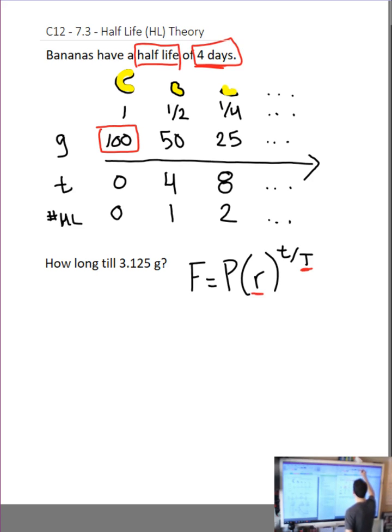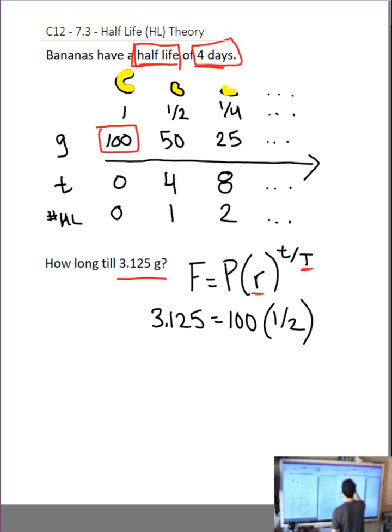So the future value is going to be the given 3.125. The present value is going to be 100. The rate is going to be a half for the half-life that we discussed earlier. Lowercase t will be t, and the time for the growth rate to occur will be 4.